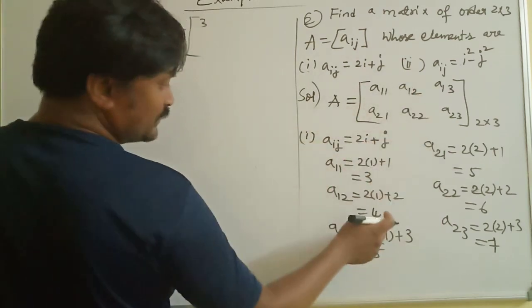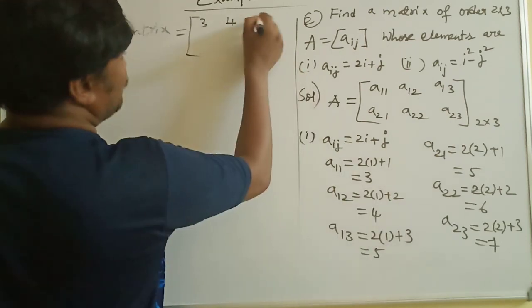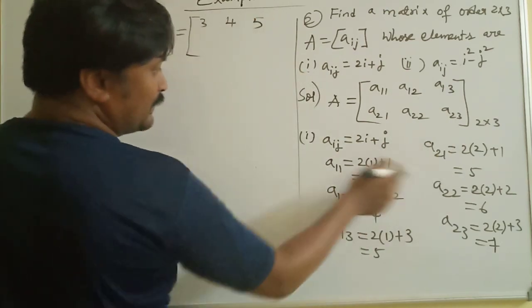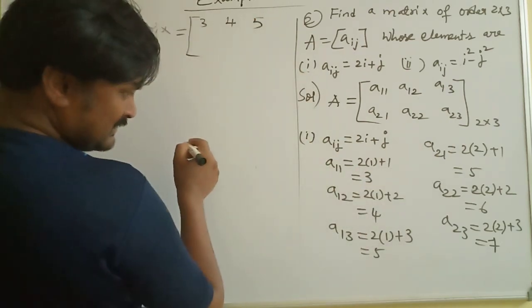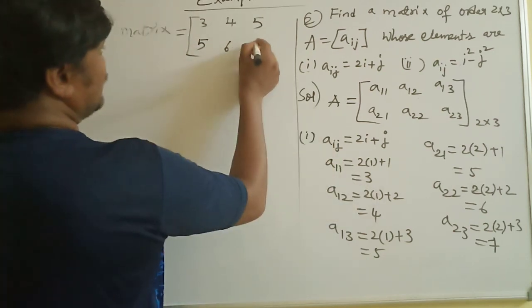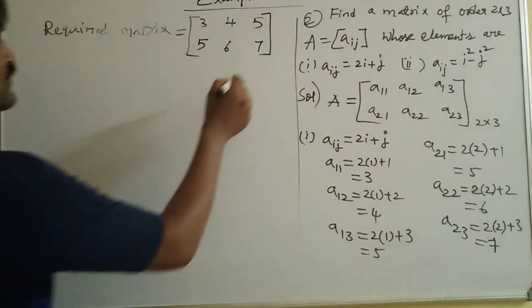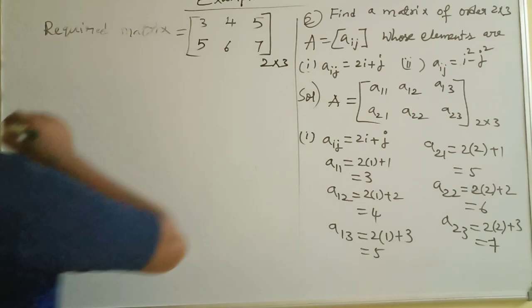Next a12 is nothing but 4, and a13 is nothing but 5. Next, a21 is nothing but again 5, and then 6, then 7. So this is your required matrix with 2 by 3 order.